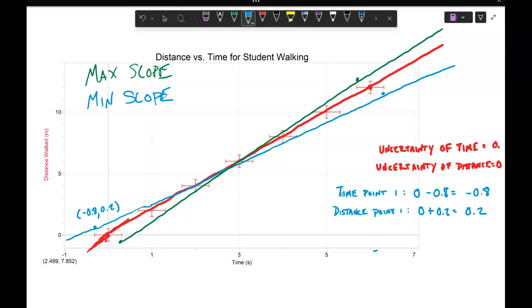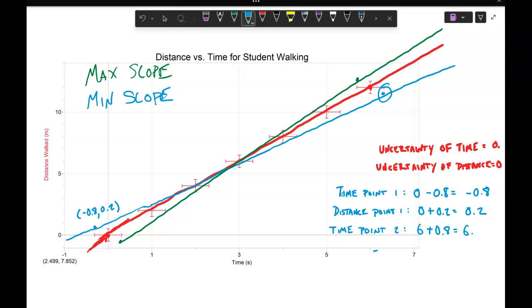And now we can do this guy up here. Time point 2. I'm very carefully showing all my work here. The coordinate here for time is 6 seconds, so I've got 6, and I'm going to add my time uncertainty, 0.8.